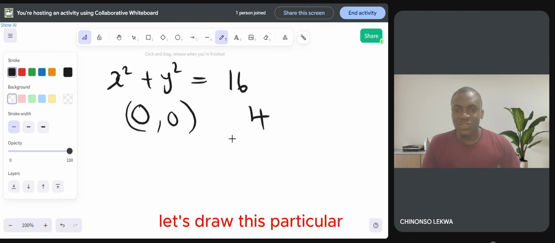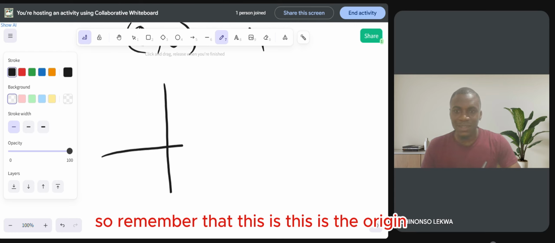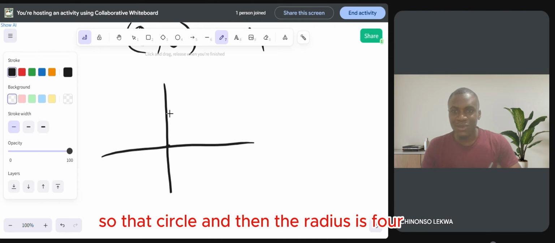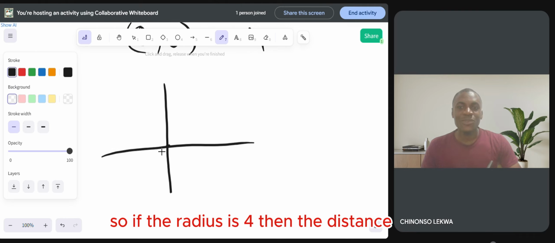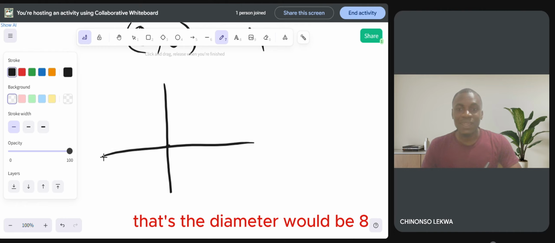So let's draw this particular circle with center at 0, 0. Remember that this is the origin, and the radius is 4. If the radius is 4, then the diameter would be 8.